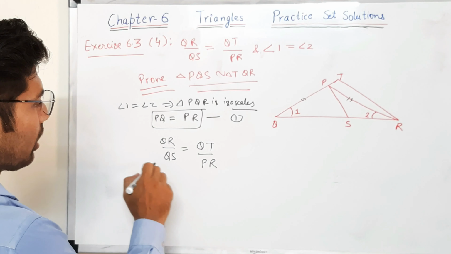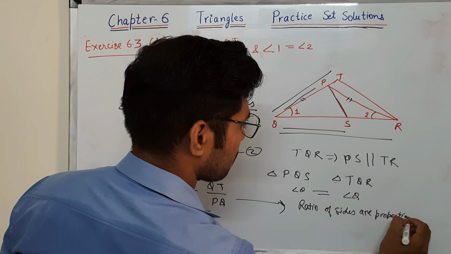So in triangle PQS and triangle TQR, angle Q is equal to angle Q, both are the same. The ratio of the sides is proportional.